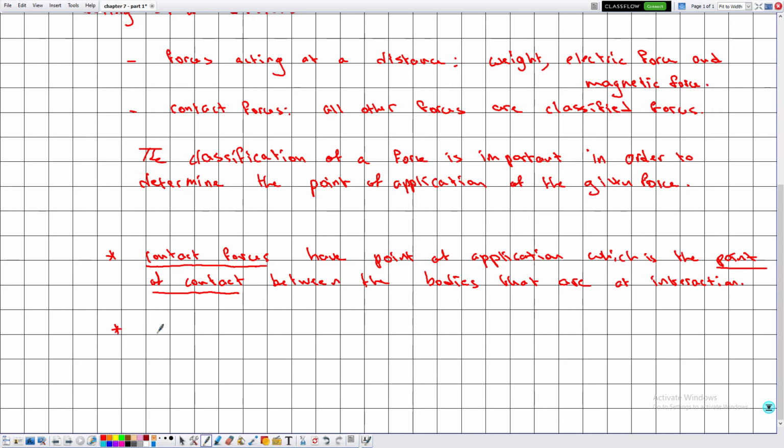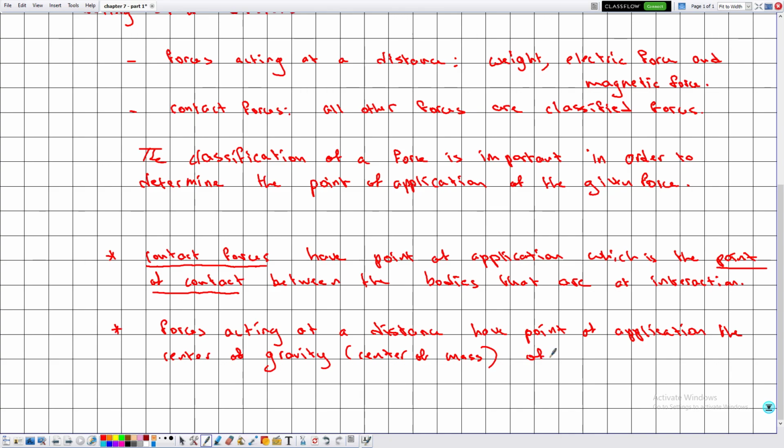Now, as the force is acting at a distance, it has a point of application, the center of gravity or the center of mass of the body.